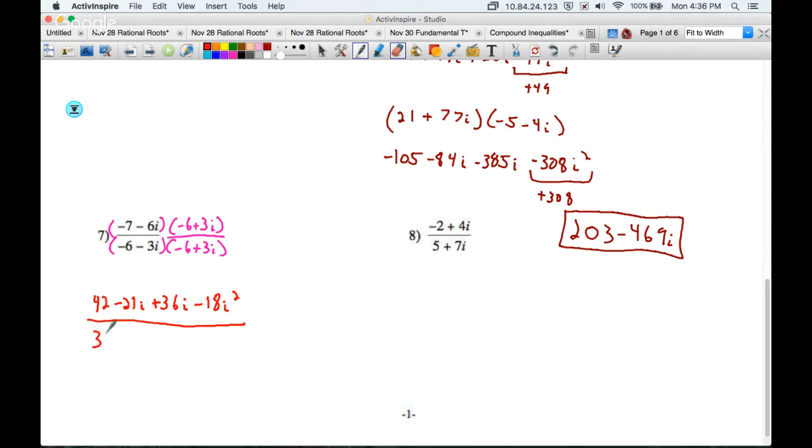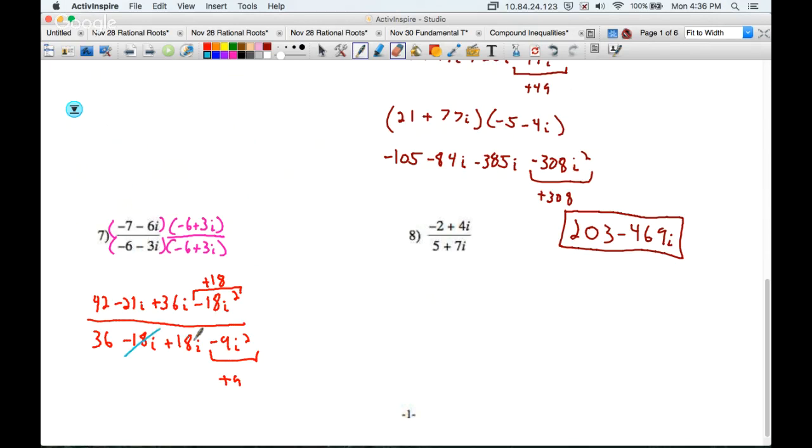FOIL the bottom, 36, and here's where the power of the conjugate comes in, because I'll get a minus 18i plus 18i when I do the outside and then the inside. And then negative 3 times a positive 3 is a negative 9i squared, makes this a positive 9. And that i squared up there makes this a positive 18.